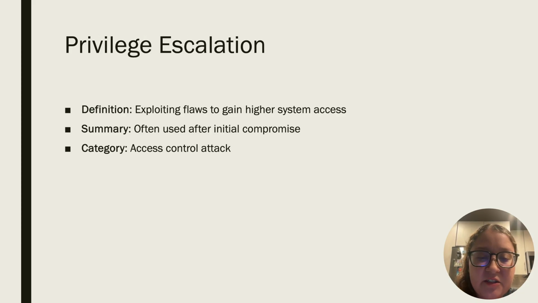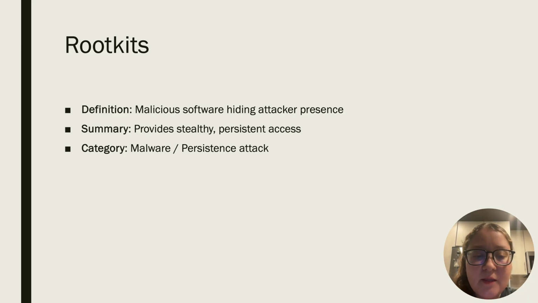Then we have privilege escalation, which means exploiting flaws to gain higher system access. It is often used after initial compromise, and the category is access control attack. Next, we have rootkits, which means malicious software hiding attacker presence. It provides stealthy, persistent access, and the category is malware persistence attack.